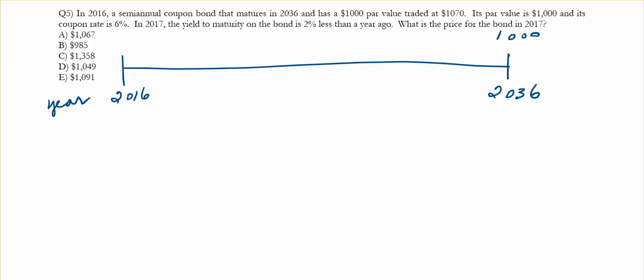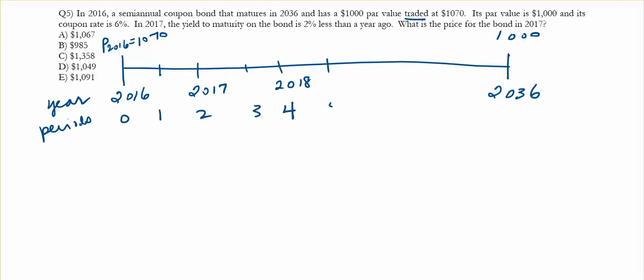Traded at 1070. So the term traded means that this is the market price. So the price in 2016 is 1070. And its coupon rate is 6%. So the periods, semi-annual, the coupon payment is $30 every 6 months.